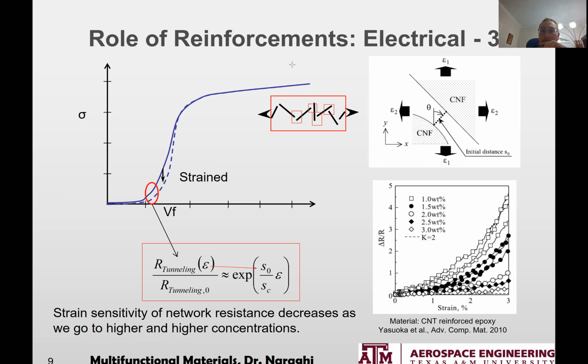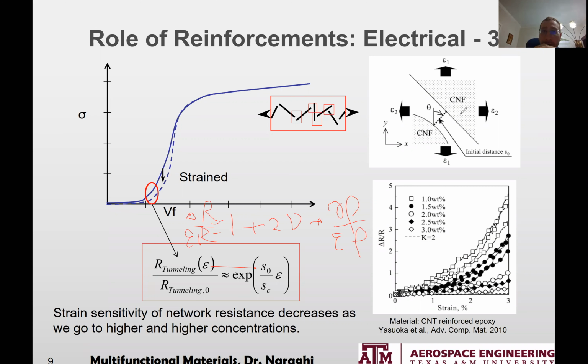And I hope you remember the equation we had for the resistivity, which was 1 plus 2 nu plus the derivative of rho with respect to epsilon. This was delta R over R epsilon, right?